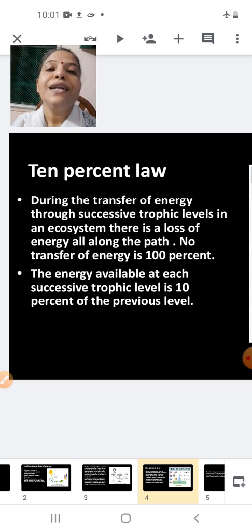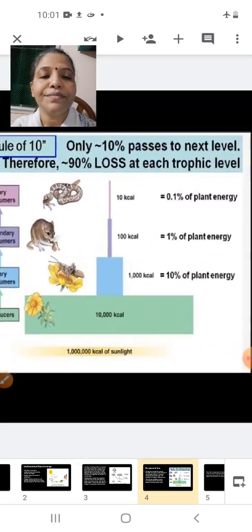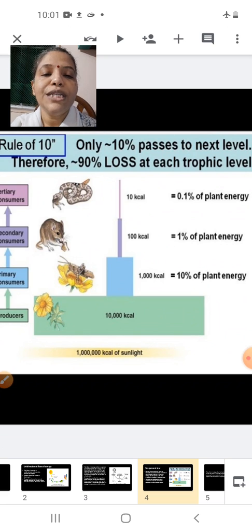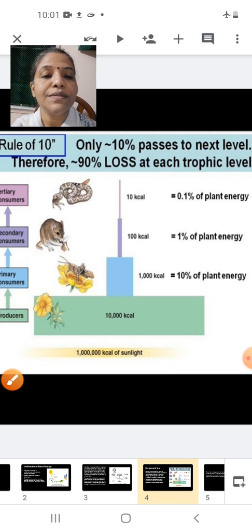We have seen that 10,000 getting converted to 1,000 here, 1,000 getting converted to 100 kilocalories, and 100 kilocalories finally getting converted to 10 kilocalories. Okay, I hope the slide is clear, students.